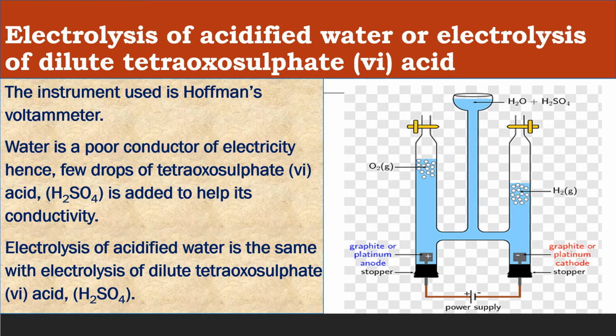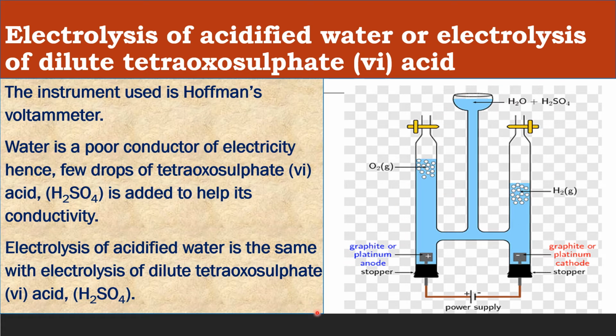Electrolysis of acidified water, or if you like, you call it electrolysis of dilute tetraoxosulphate(VI) acid. The apparatus used in the electrolysis of acidified water or electrolysis of dilute tetraoxosulphate(VI) acid is Hofmann voltameter. Hofmann voltameter is what you see here at the right hand side of the slide.